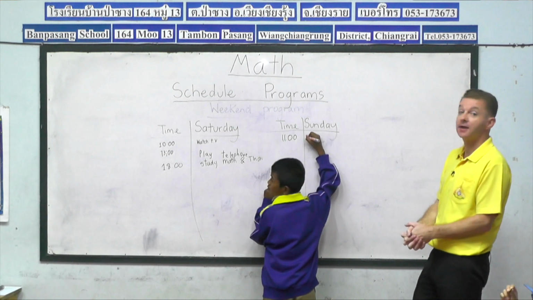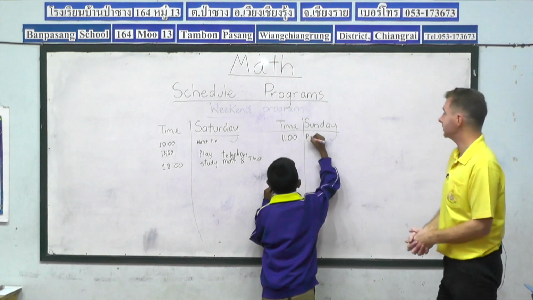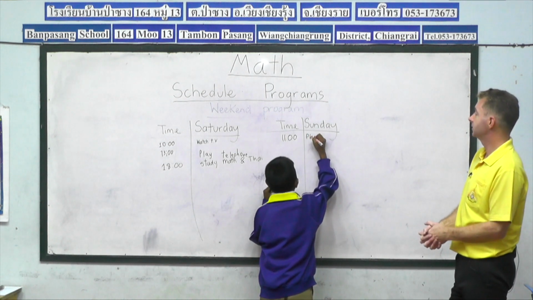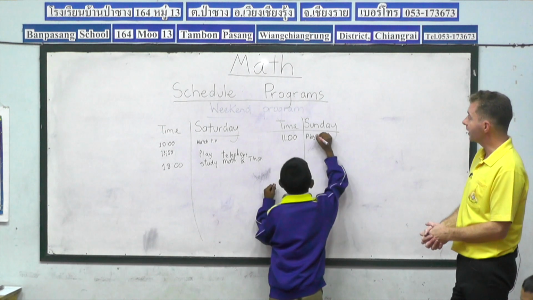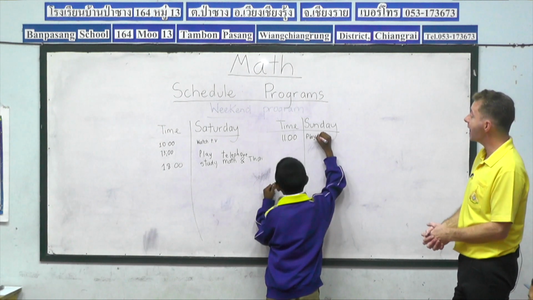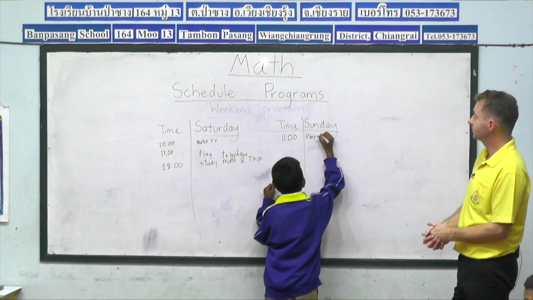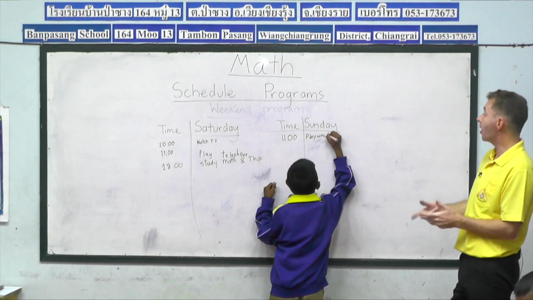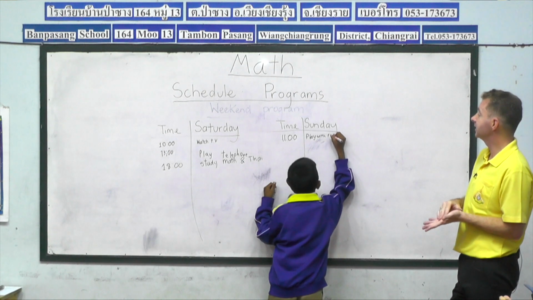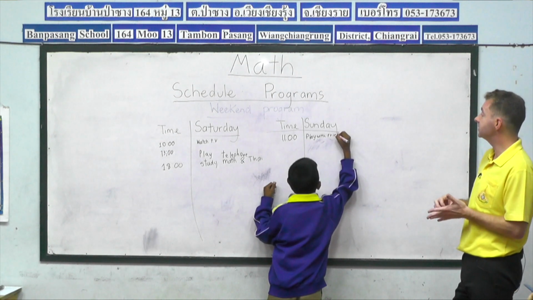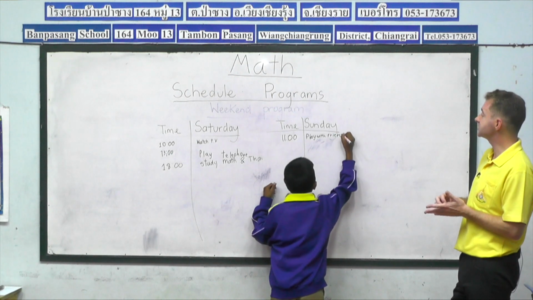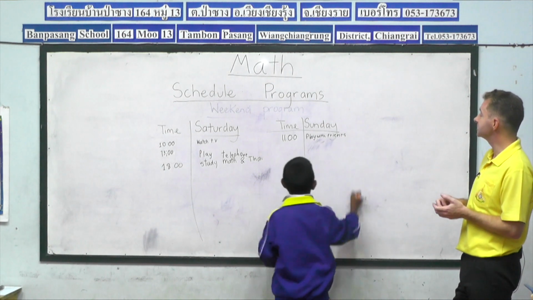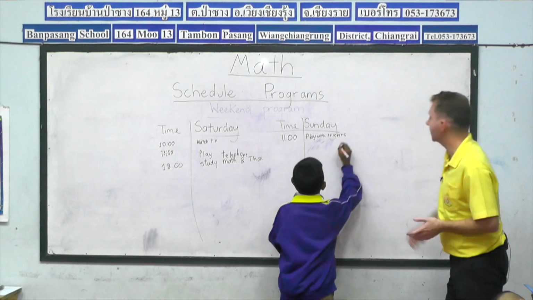Okay, so play, P-L-A-Y, with, W-I-T-H, and then friends, F-R-I-E-N-D-S. Play with friends. This should be a D. Friends.